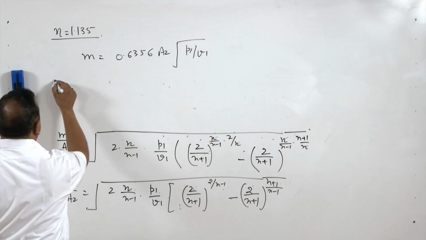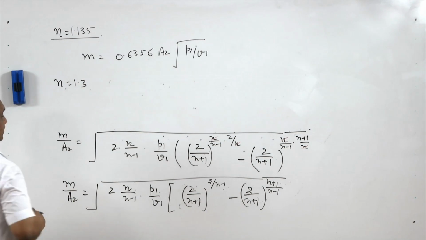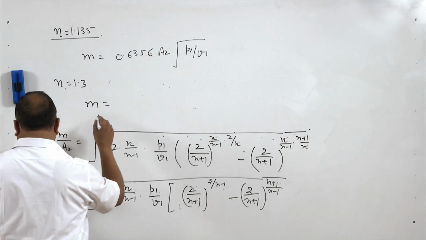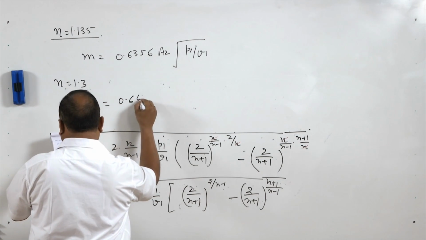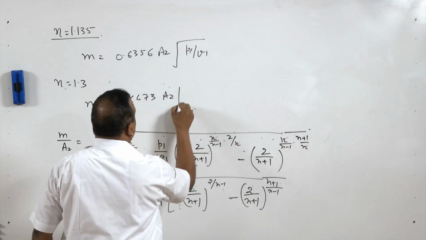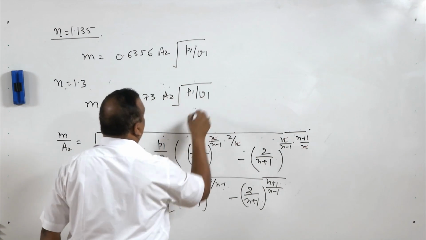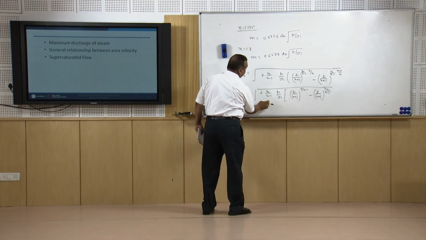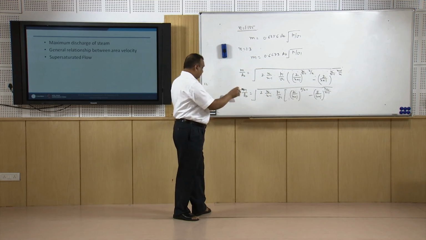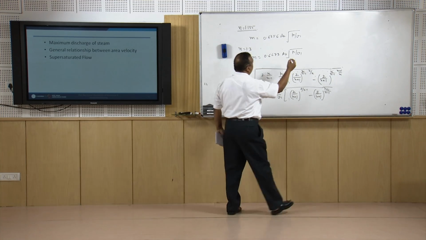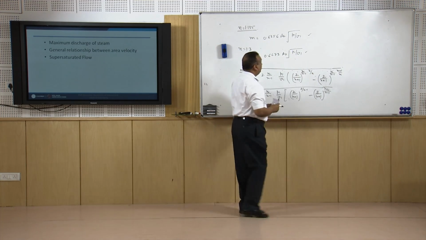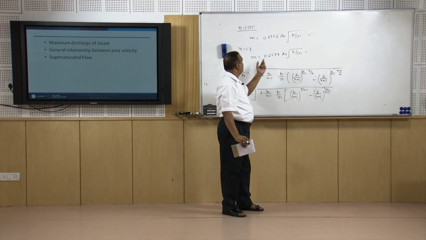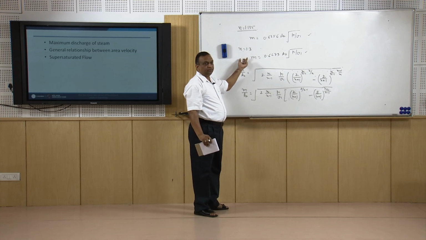Mass flow rate when n is equal to 1.3, when steam is superheated when entering the nozzle, then mass flow rate is equal to 0.6673 A2 under root P1 by V1. We are getting this expression by putting this value of n in this equation. So, this is the maximum mass flow rate while flowing through a nozzle. Initial conditions are P1 and V1. We will keep on putting the value of different P1 and V1, we will be getting a different maximum mass flow rate through the nozzle.